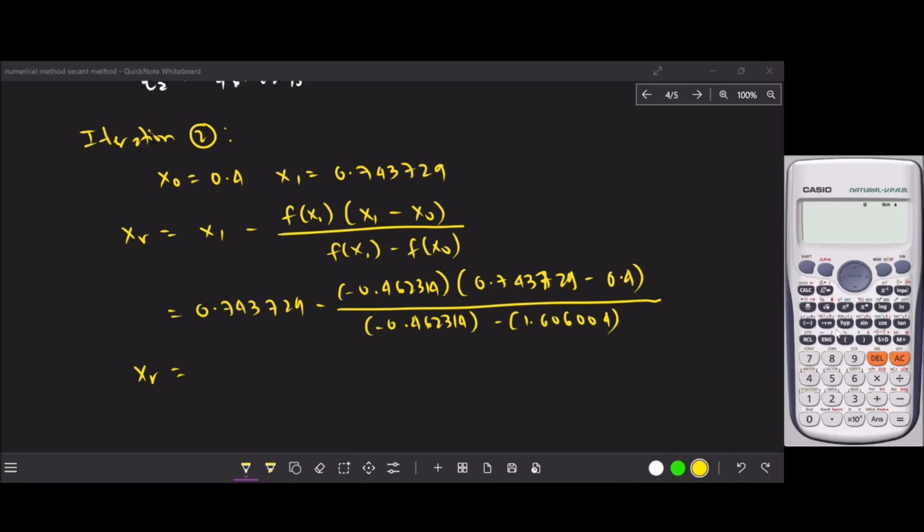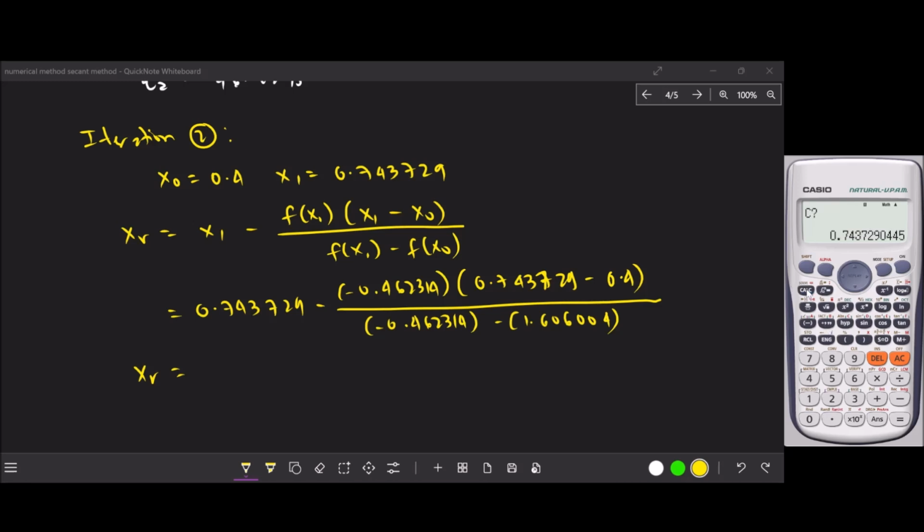So we just have to do this one here. We need to recall C, so our x1 is stored in C. So minus, this value is stored in D. So D times C minus 0.4 all over D minus, the value of f of 0.4 is stored in B, that is 1.606004.